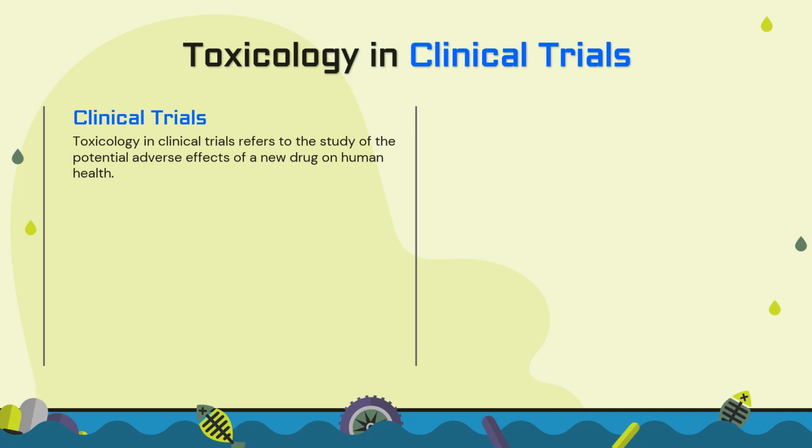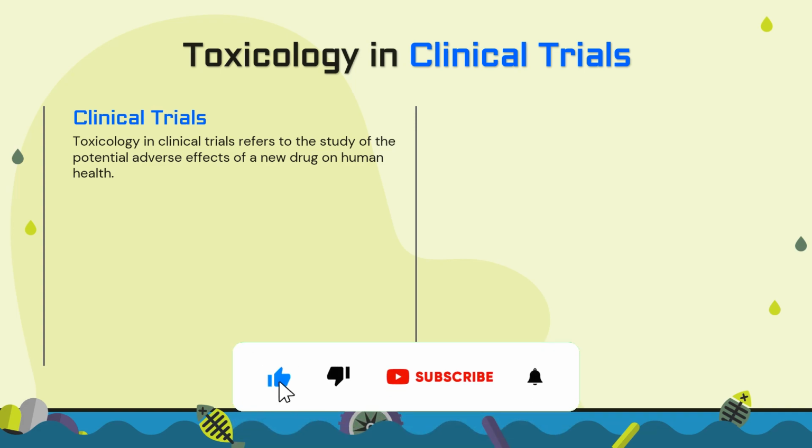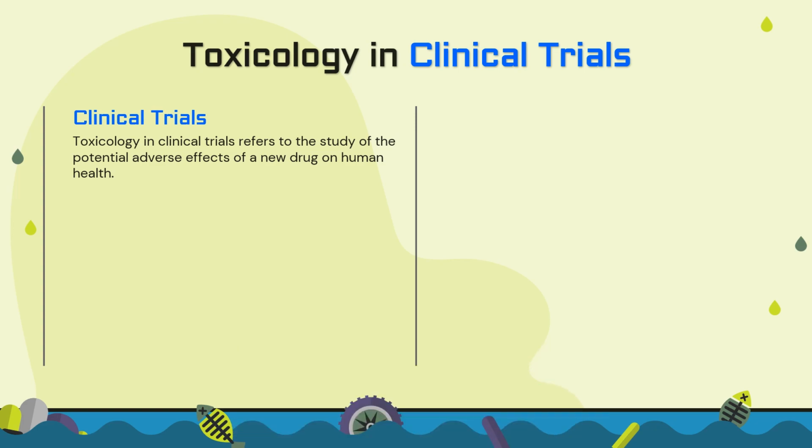As I've said, in preclinical testing we use toxicology, but in phase 1 clinical trial it is very important for you to understand toxicology, and they definitely conduct studies where they determine if there are any potential adverse effect of a new drug on human health. So in phase 1, as you know, there are very few people, and this toxicology helps us to understand and limit the exposure if a particular drug is toxic in nature.